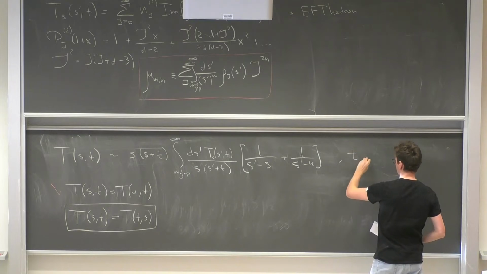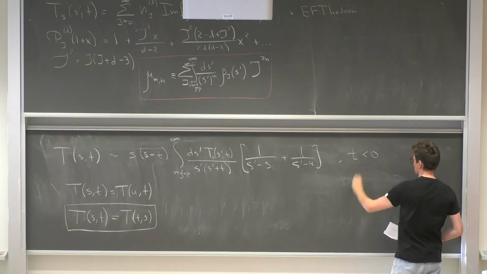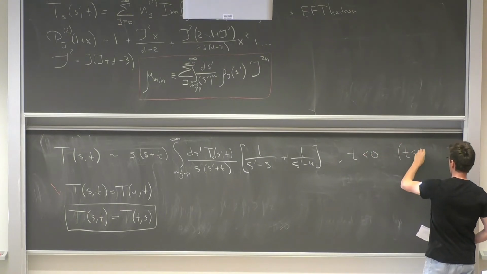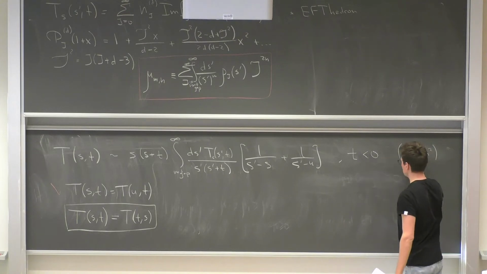Let me emphasize again that we have this dispersion relation with two subtractions, valid for T less than 0, say in gravitational theories, or T less than 4m squared in gapped theories, whatever you prefer.